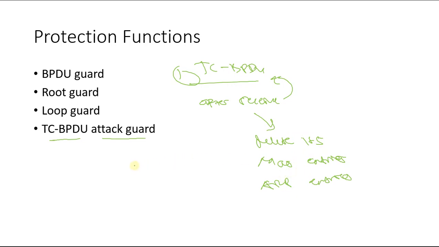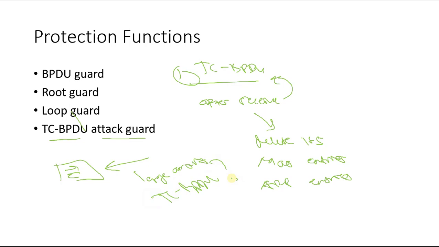But in the event of a malicious attack by sending bogus TC BPDUs, a switching device receives a large number of TC BPDUs. What will happen? The switch will be busy deleting its MAC entries and ARP entries.